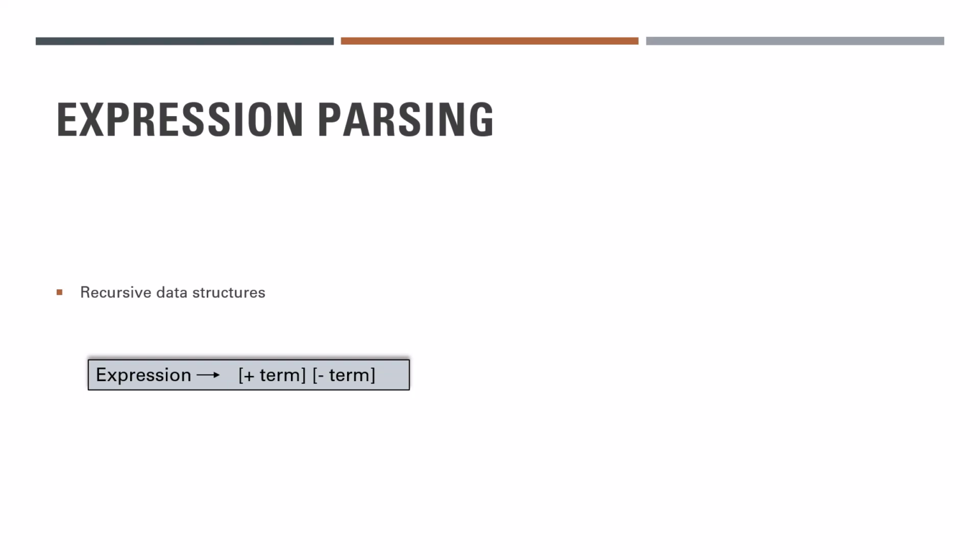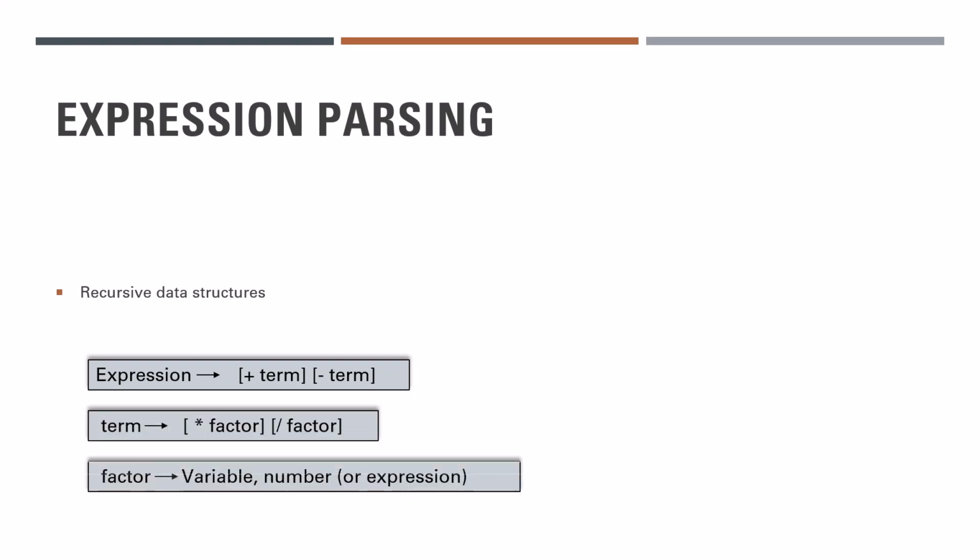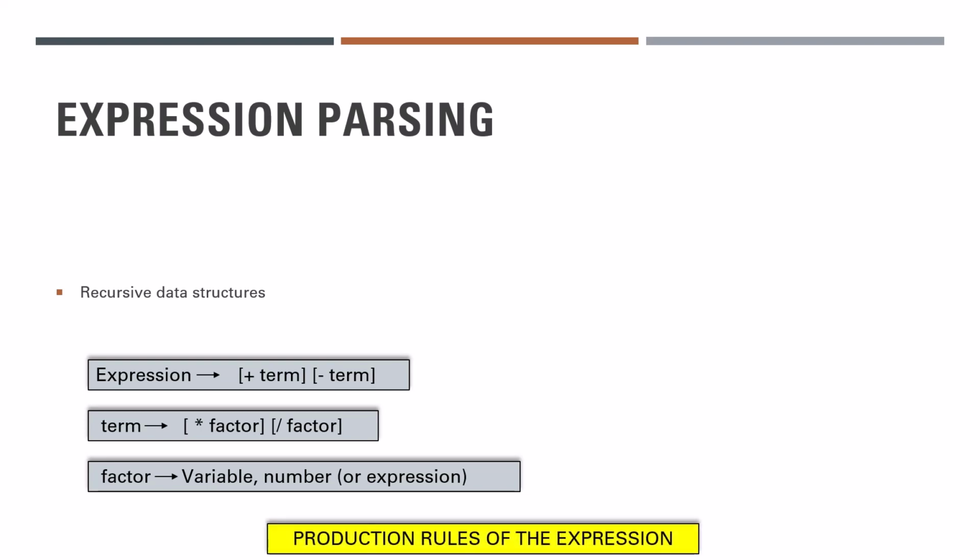The arrow there represents the word produce, the box brackets indicate optional elements. So we could have, for example, more than 2 terms in an expression. Terms in turn would produce factors. Factors would produce variable numbers or expressions. These, in fact, are what are known as the production rules of the expression.